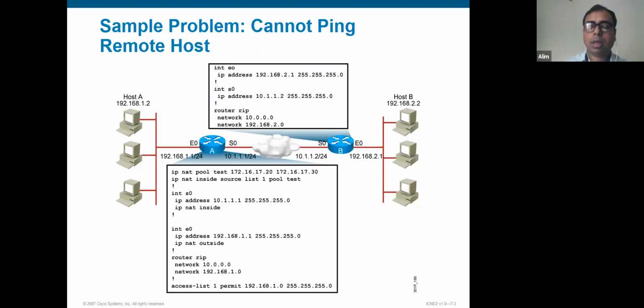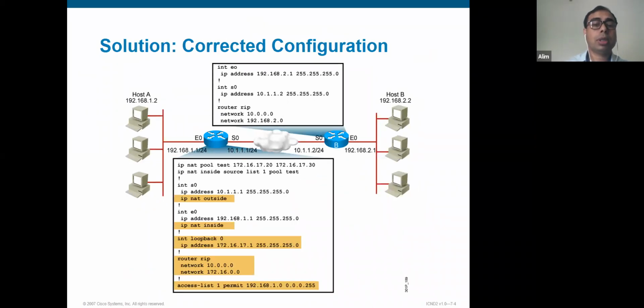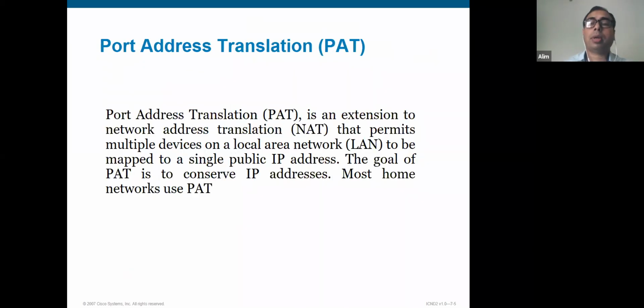Then we have some troubleshooting. You can go through it yourself just for your understanding. But what is most important in production network is port address translation. PAT, port address translation, is mostly used in production network for internet users. Even in our home network, we are actually using port address translation.